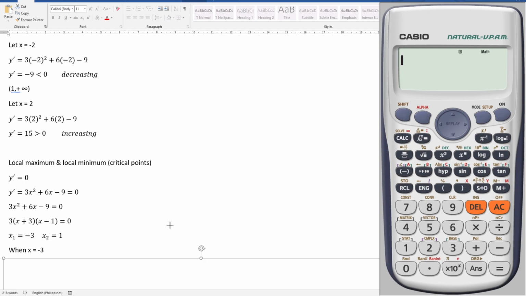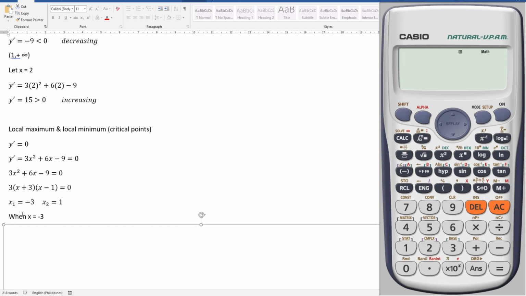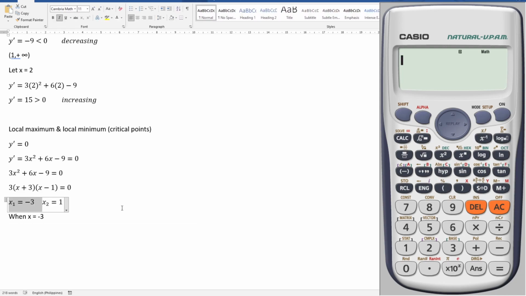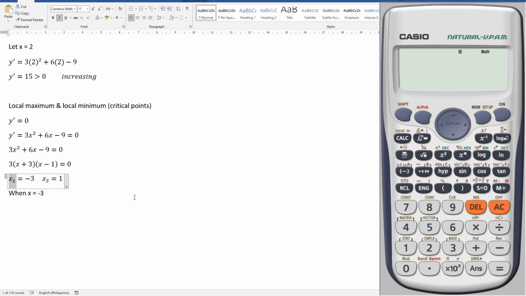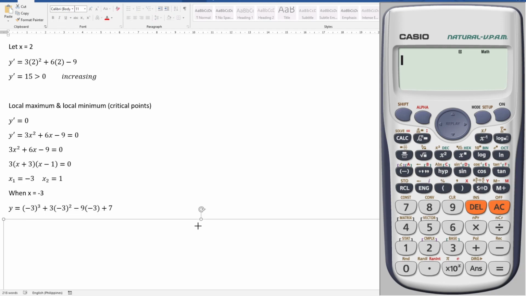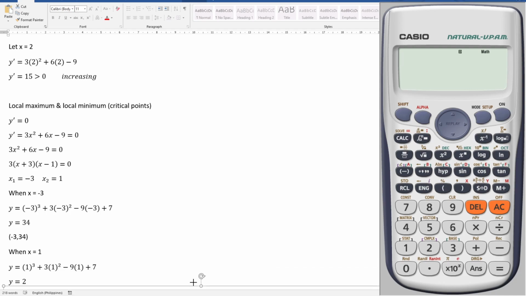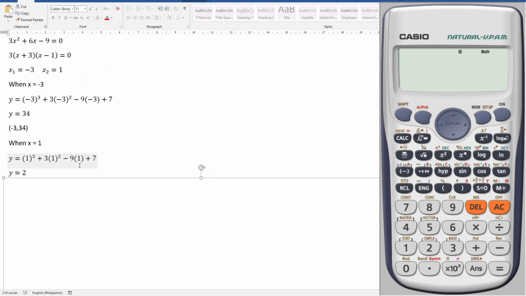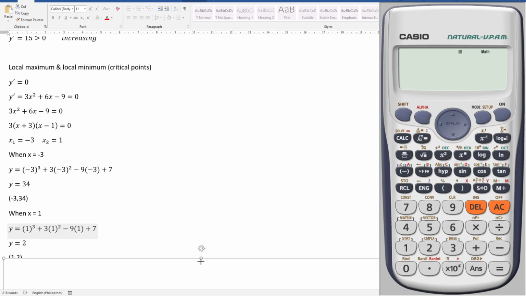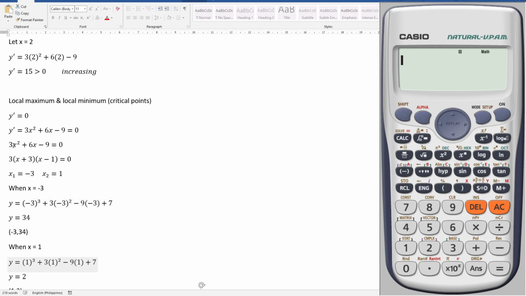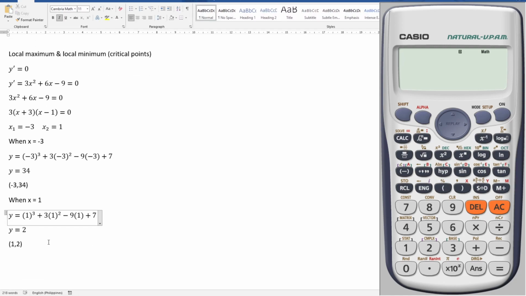When we use y prime equals 0, we will get these values. After getting the values of x, we get the values of y. To get them, we substitute not in the first derivative but back into the main equation, to get the value of y.